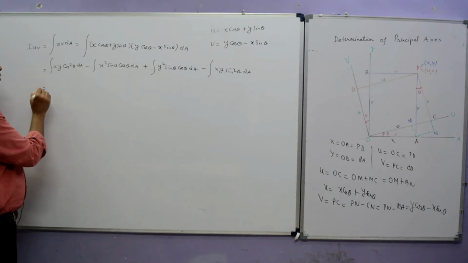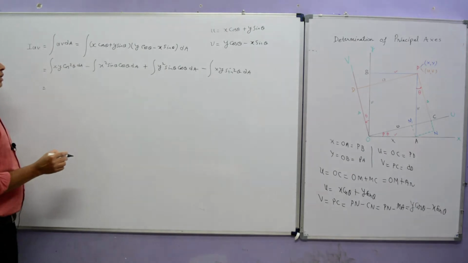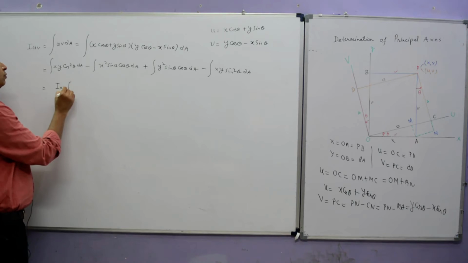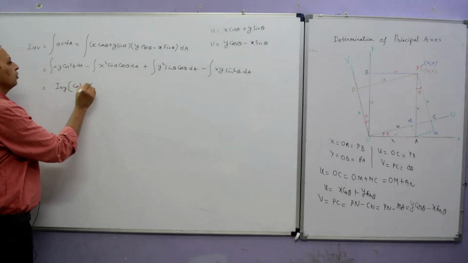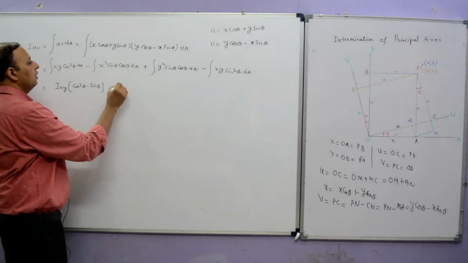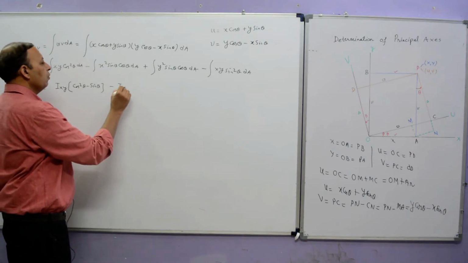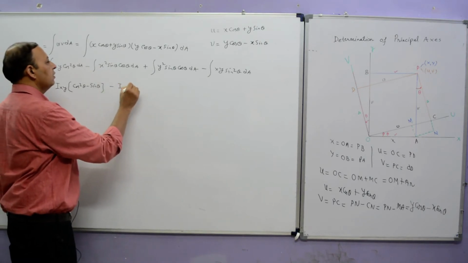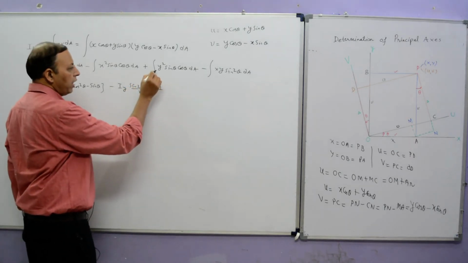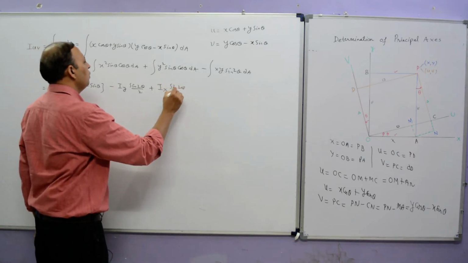So here the xy cos square theta dA and xy sin square theta dA terms give Ixy times cos square theta minus sin square theta. Integral x square dA is Iy, and this is sin 2 theta by 2, plus y square dA is Ix, and this is again sin 2 theta by 2.